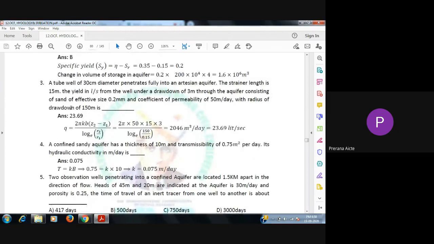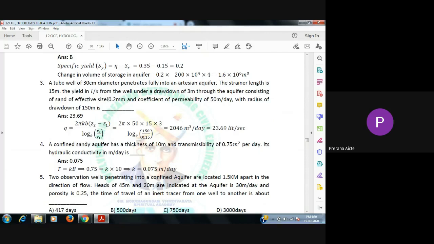Next question. A tube well of 30 centimeter diameter penetrates fully into an artesian aquifer. The strainer length is 50 meter. Strainer length is nothing but the width of the aquifer.